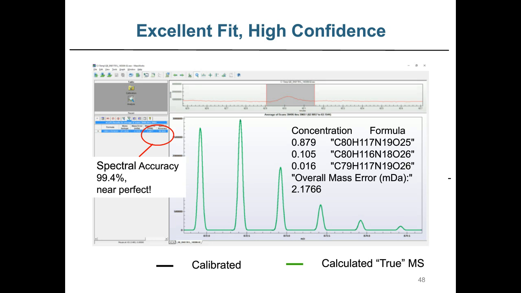This is actually a mixture of native, deaminated, and a small amount, down at the few percent level, of the oxidized species. Okay. So that just shows you the power of spectral accuracy for really validating results that would otherwise go unnoticed.